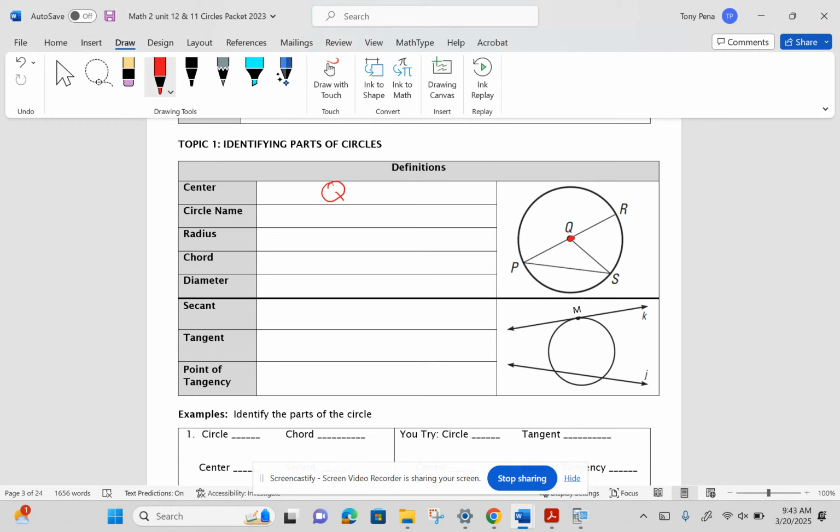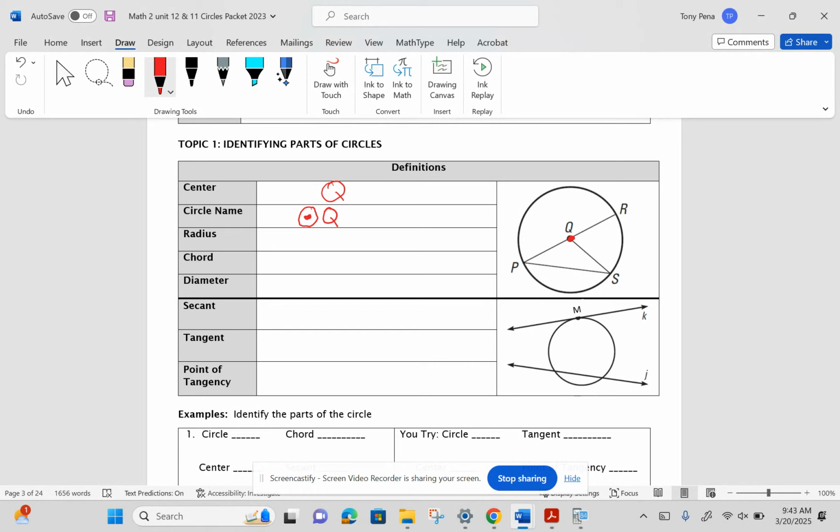That's all you're putting. If you're ever asked the name of a circle, the way we name circles is you're going to draw a circle symbol, a circle with a dot in it, and next to that you put the center of that circle. So the way we would read this here is we are looking at circle Q. That's the name of the circle that's over here to the right.